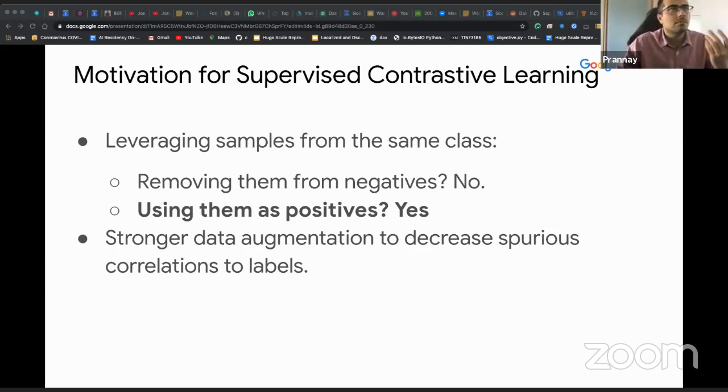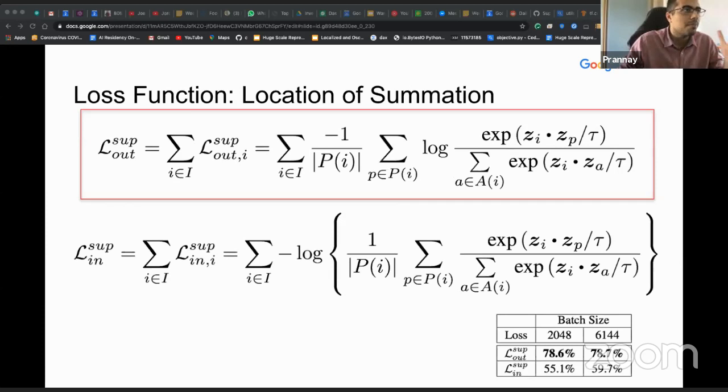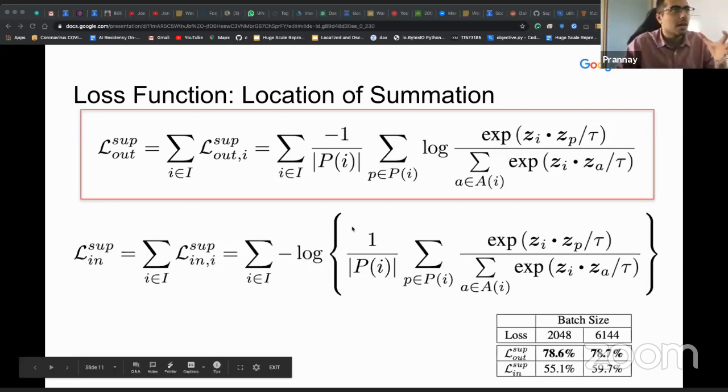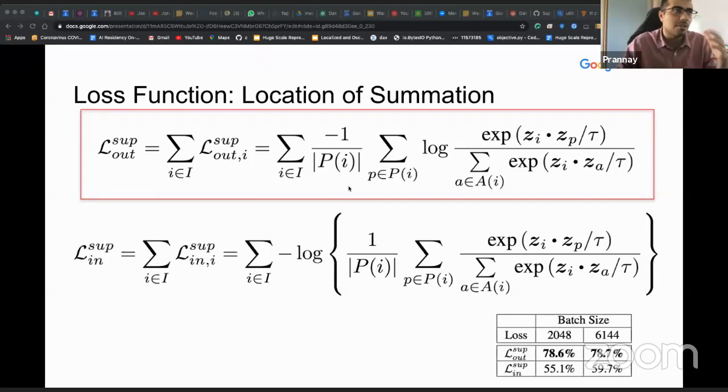Right. So I'd like to introduce what the loss function looks like. The expression might be slightly hard to work with, but here's what it looks like. For a given anchor i in the batch, you have a set of samples which are positives, denoted by P(i).